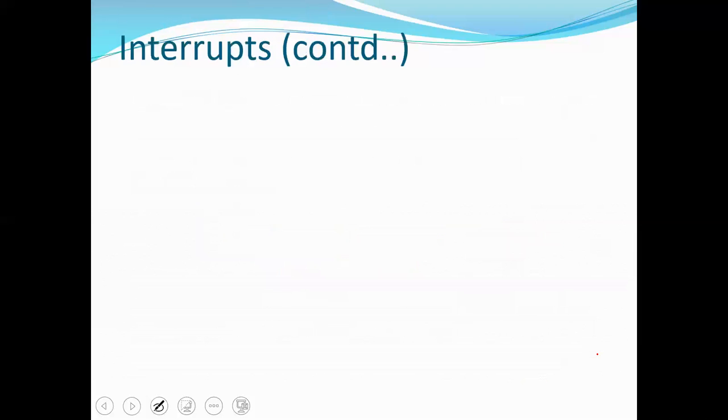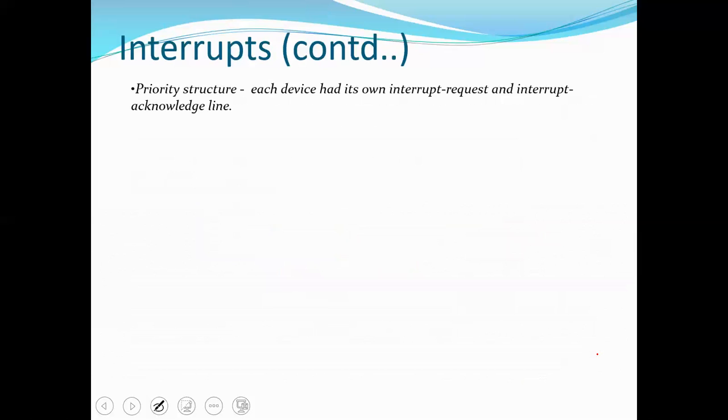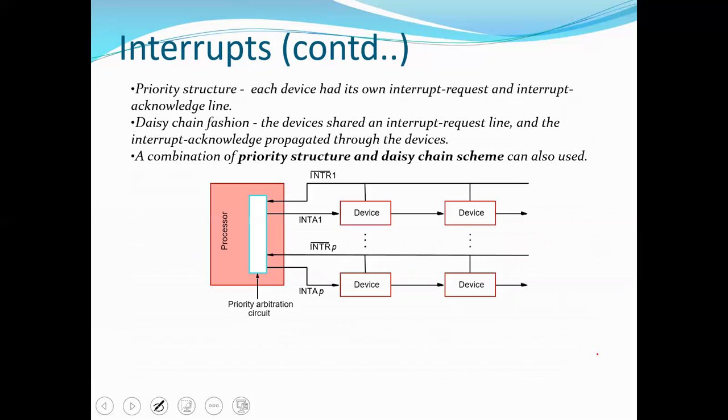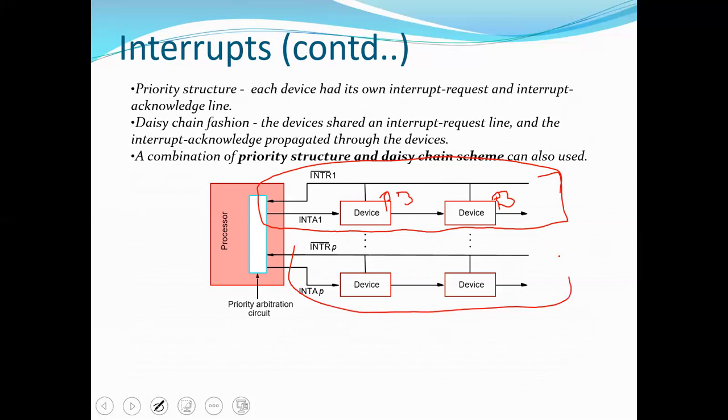A combination of the priority structure and daisy chain mechanism exists. That is, this is the number of devices which have the same priority, suppose priority three, which are connected in a daisy chain fashion, and these are the devices which have the same priority, suppose priority 1, which are connected in a daisy chain fashion.